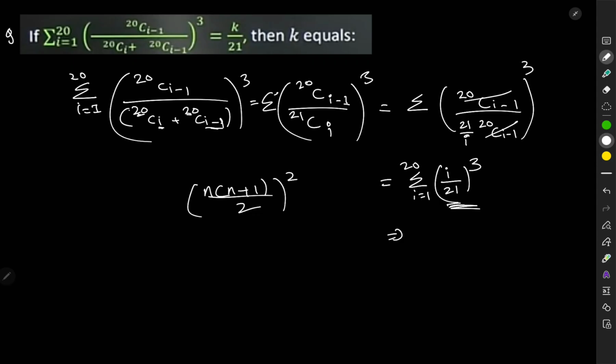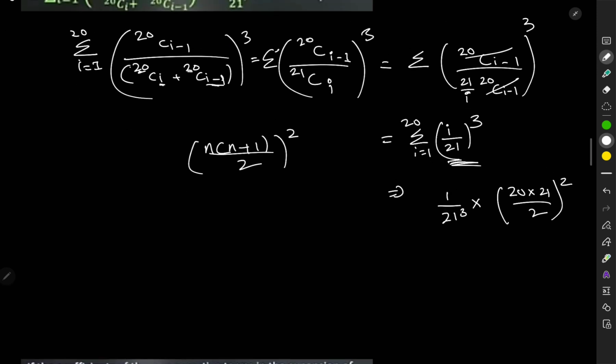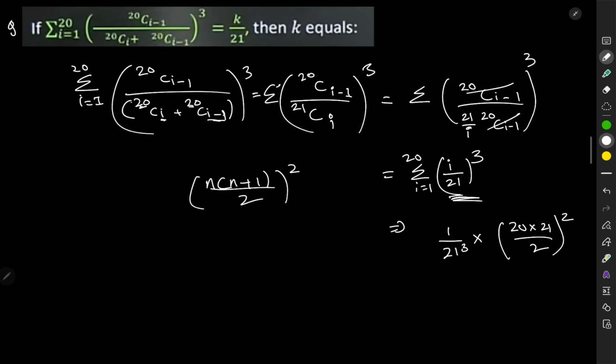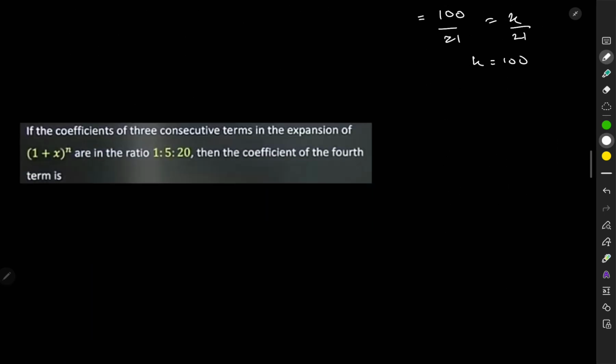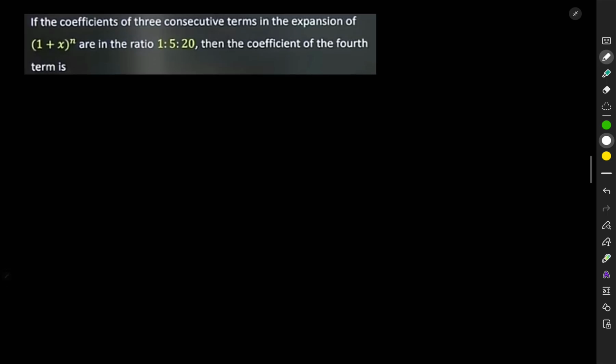So what will I get? 1 by 21 whole cube multiplied by 20 multiplied by 21 by 2 whole square. When you solve this, you will get the answer. Let me solve this. What will you get? 100 by 21, and we need to find k by 21, so k will be 100. Fine. Okay, going to the next question.